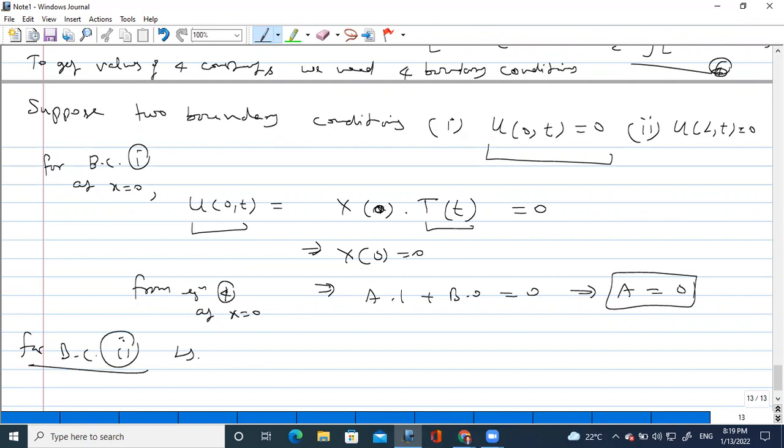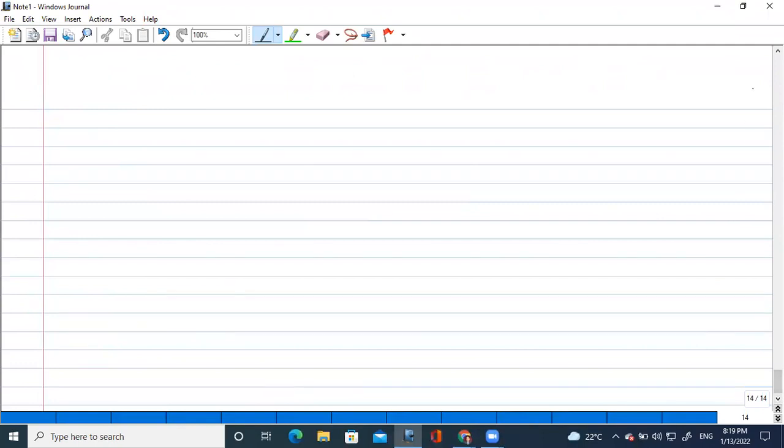So for boundary condition 2, what you can do? u(L,t) will be equal to 0. That is also 0. Now u(L,t) I can write as X(L) into T(t). That is also equal to 0.